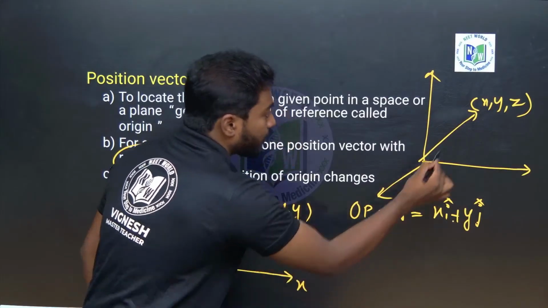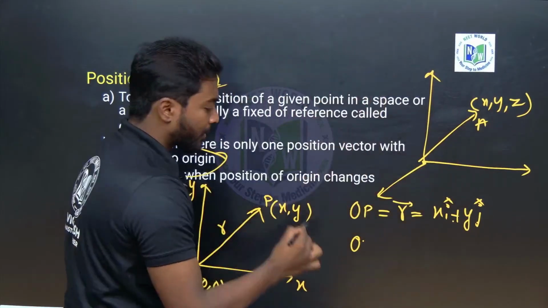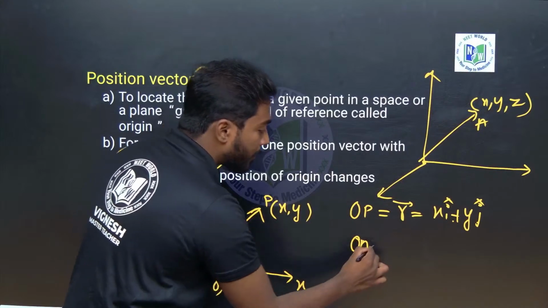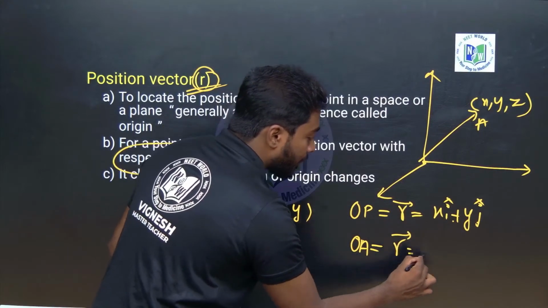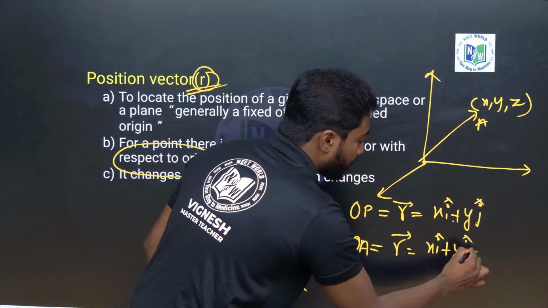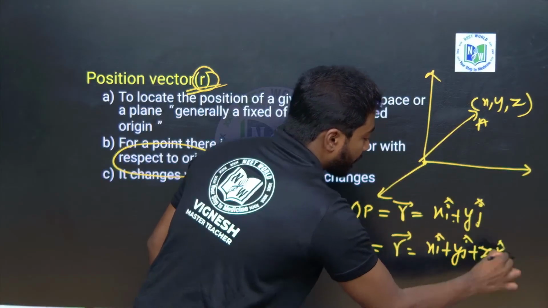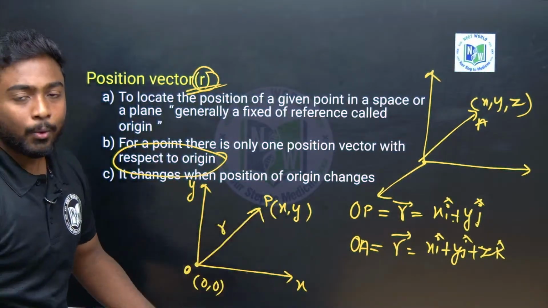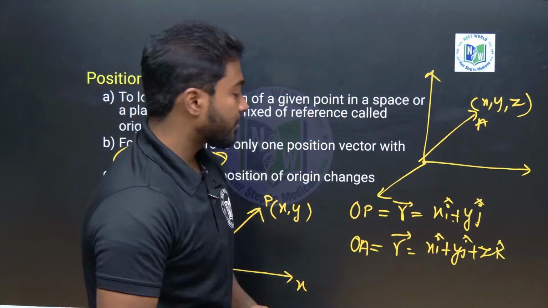I will consider the point as A, for example. So OA will be equal to R, which is x i cap plus y j cap plus z k cap. This is how we will write the position vectors.